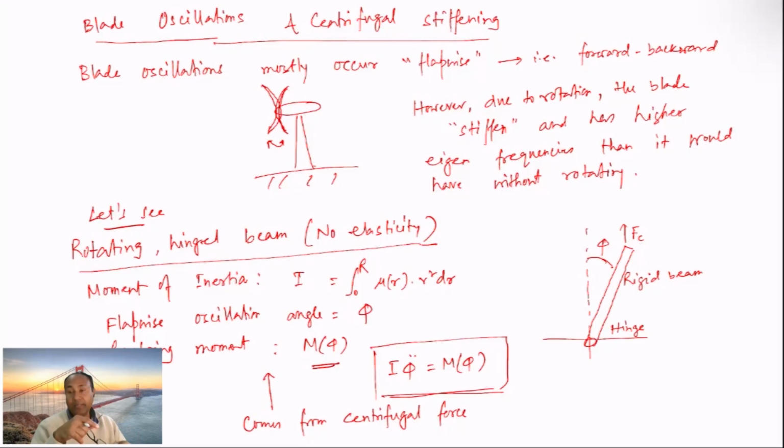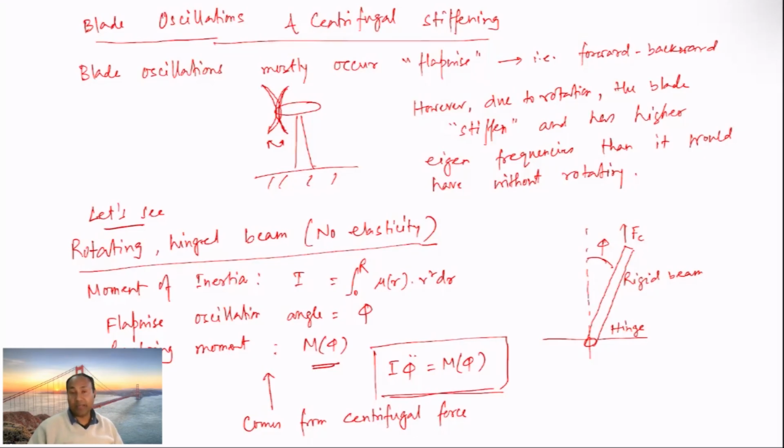Obviously, you can see that the design procedure of rotor blades is quite involved and multidisciplinary, or rather, a multi-skill analysis one has to carry out to come up with proper design parameters.